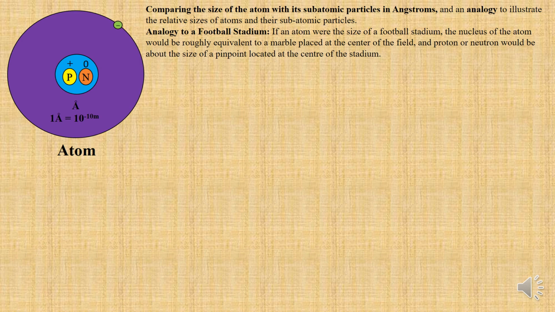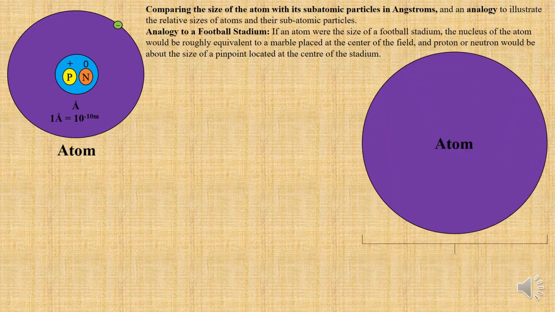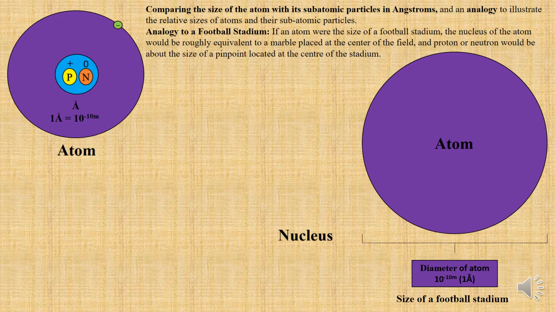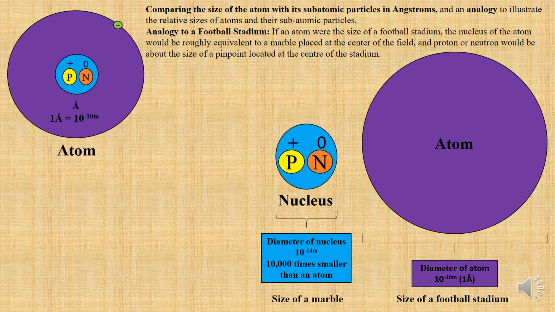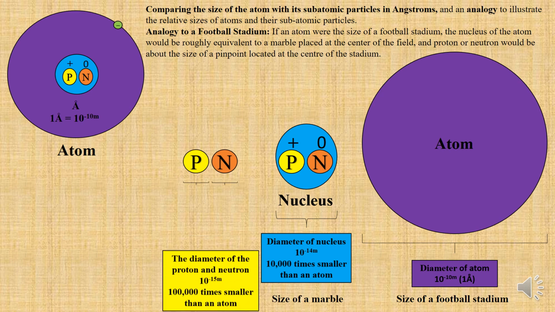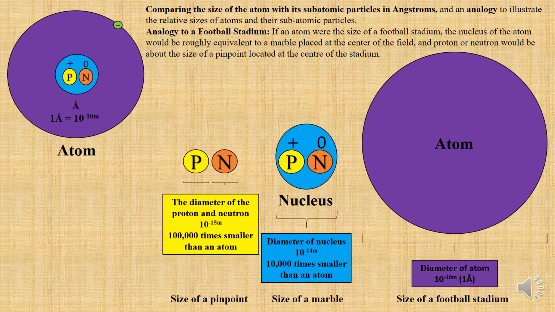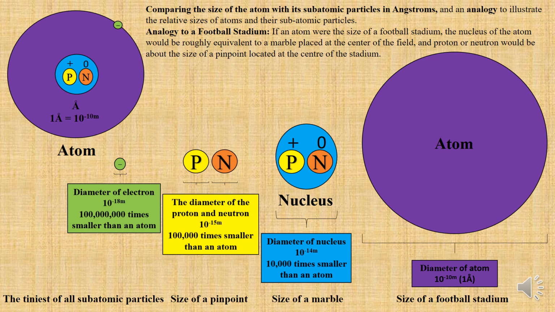Now here's the analogy to illustrate the relative sizes of atoms and their subatomic particles. Now if the atom were the size of a football stadium, the nucleus of the atom would be roughly equivalent to the marble that we placed at the center of the field, and a proton or neutron would be the size of a pinpoint located at the center of the stadium, and the electron being the tiniest of all the subatomic particles.